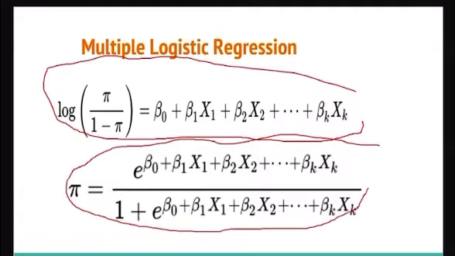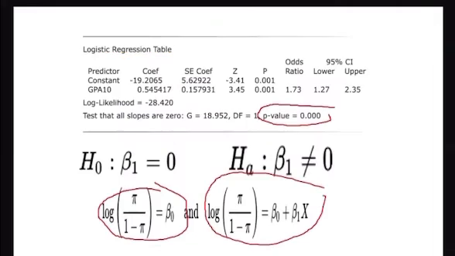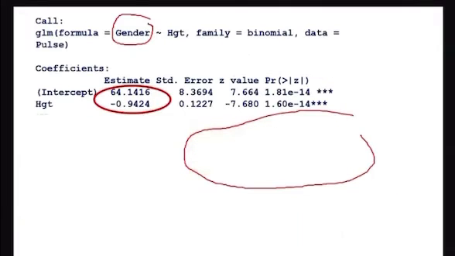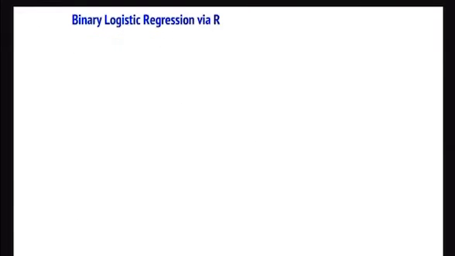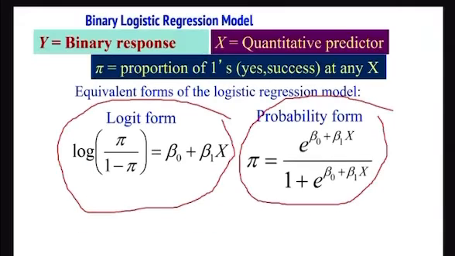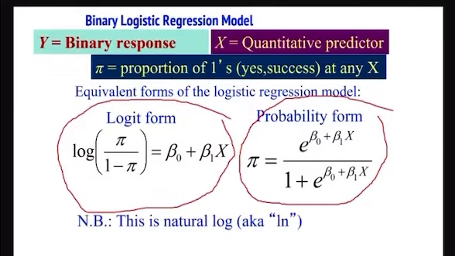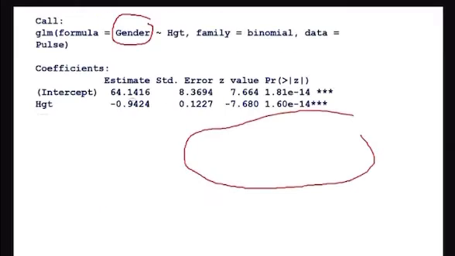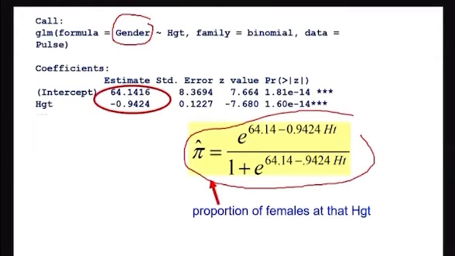Compare this now to this. Can you see this too? This is the simple binary logistic, while the other one that I just showed you is a multiple binary logistic.